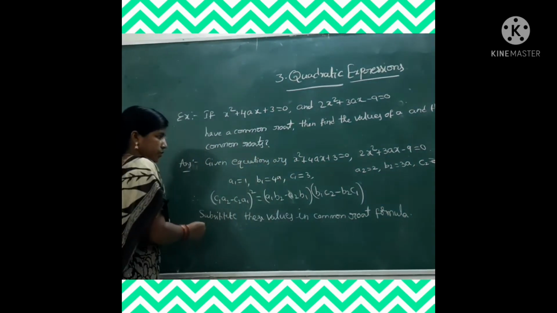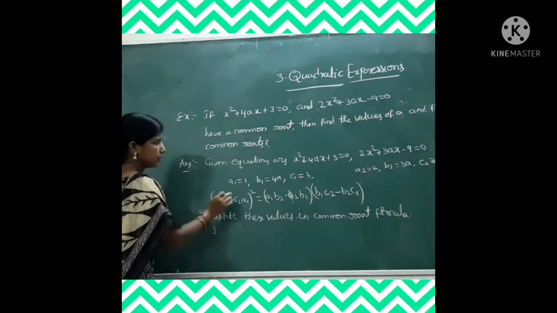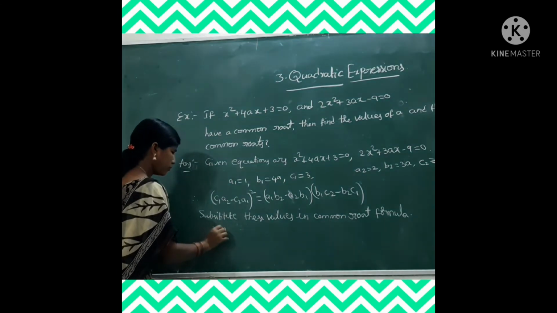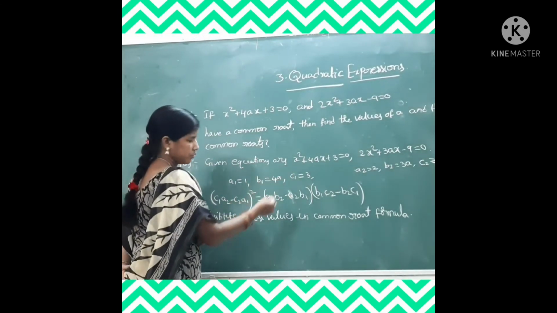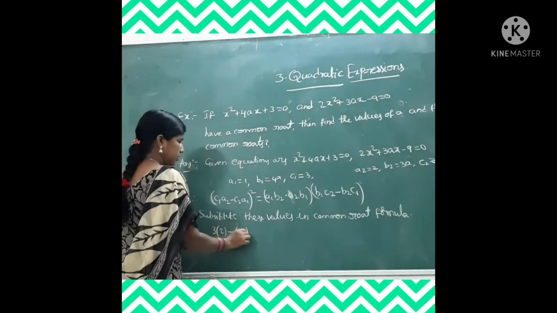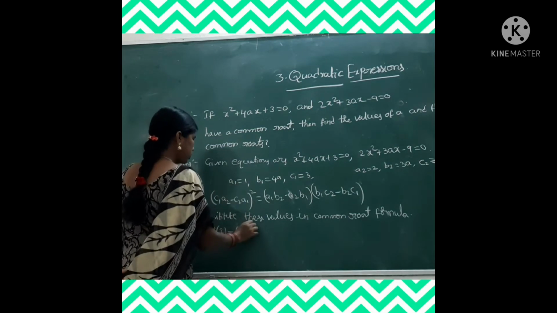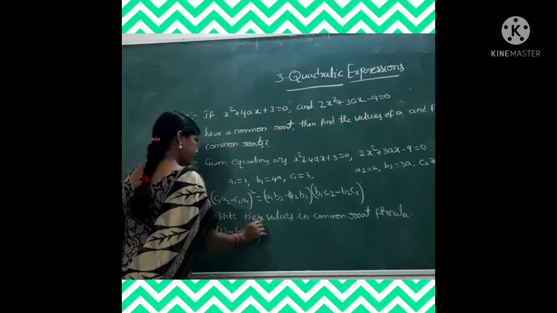Okay, see here. C1 means here 3. A2 means 2. Minus c2: c2 means how much? Minus 9. And a1 means 1. Understand?